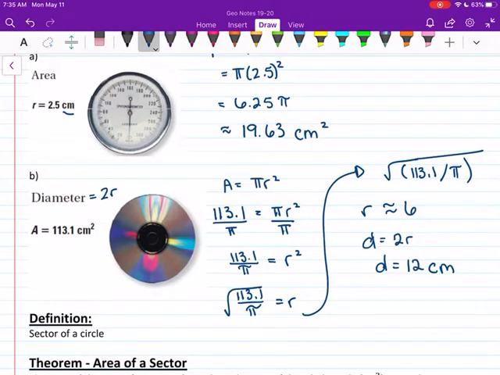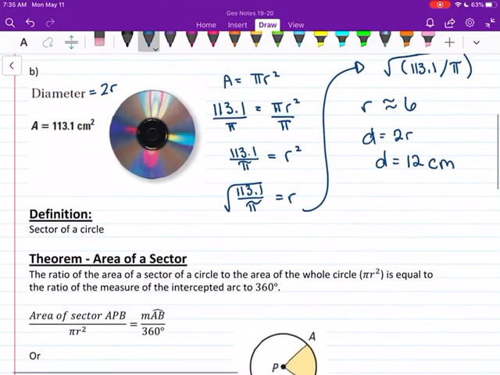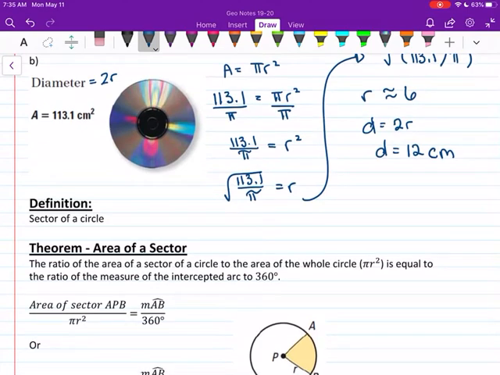Okay, our next definition is the sector of a circle. The sector of a circle is basically a piece that is cut out like a piece of pizza. The official definition is that it is the region bounded by 2 radii of the circle and their intercepted arc. We'll talk about what intercepted arc is in the next example.